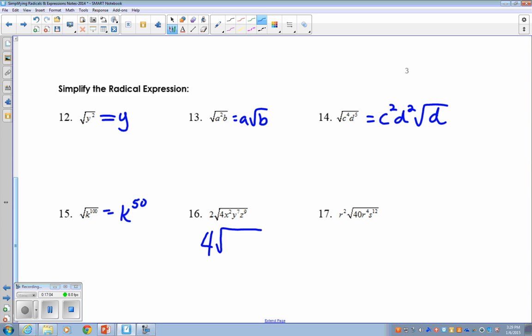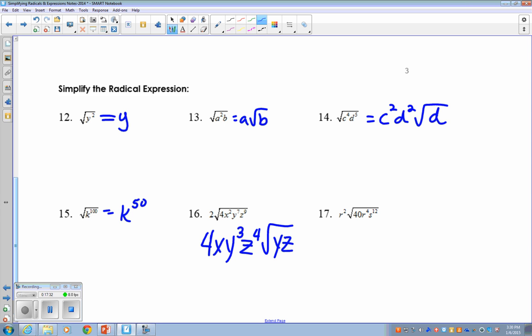What's the square root of x? Yep. So we have an x, y to the third, z to the fourth, then y, z. The remainder stays inside. If you have the number, do the number first.